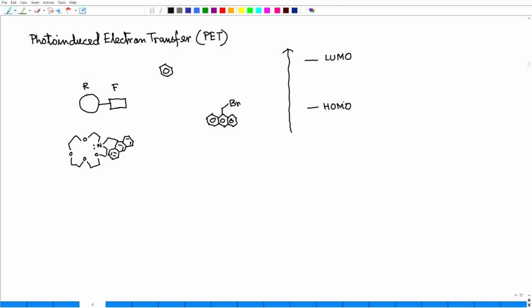This is of the fluorophore. And this is the HOMO of the receptor. This HOMO has mostly the character of the electron pair on the nitrogen. So, the electron pair on the nitrogen describes mostly the HOMO, highest occupied molecular orbital.